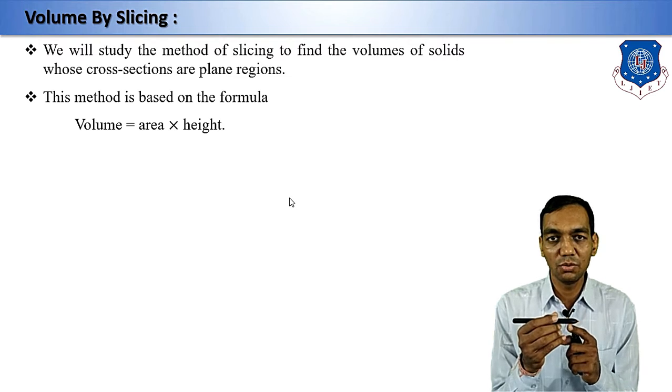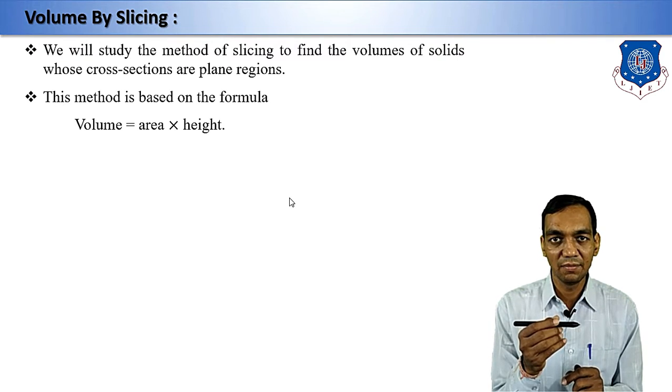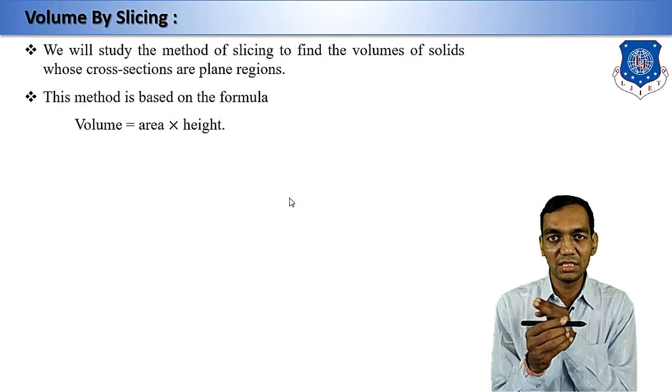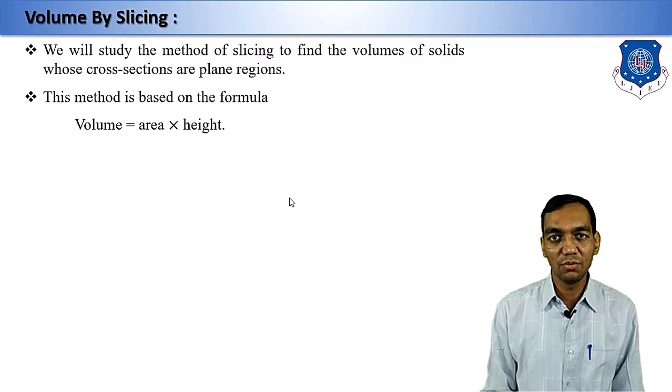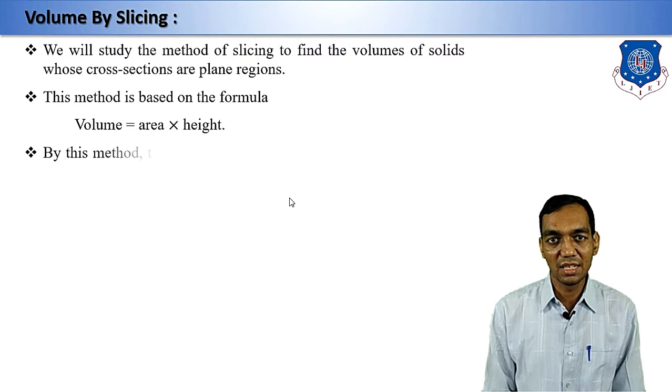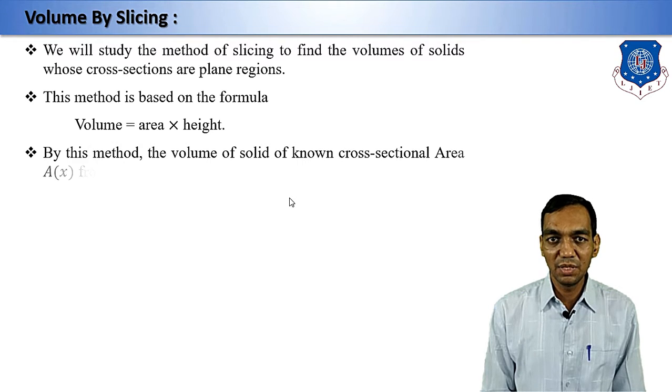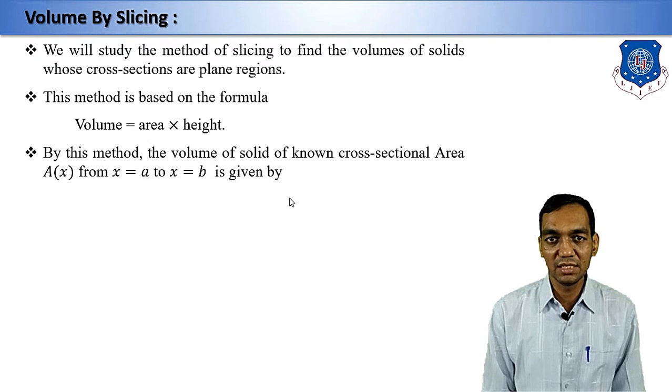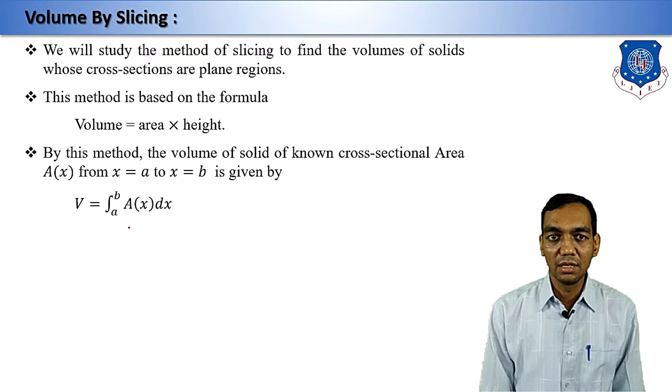That means we take the cross-section area and multiply that cross-section area with the height, and that will give the volume. This method is called the slicing method. By this method, the volume of a solid with known cross-sectional area A(x) from x equals a to x equals b is given by volume V equals the integration from a to b of A(x) dx, where A(x) is the area of a cross-section.